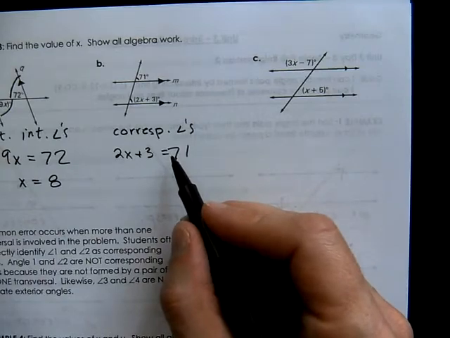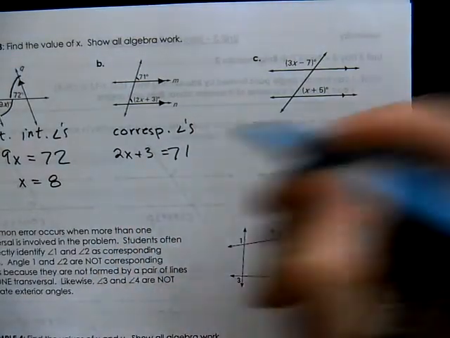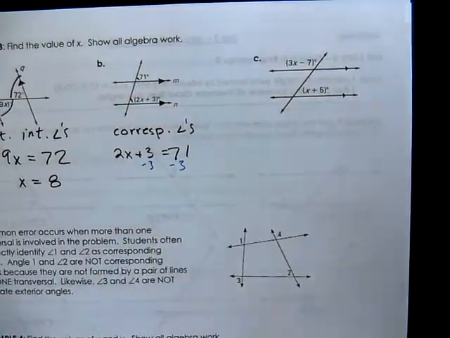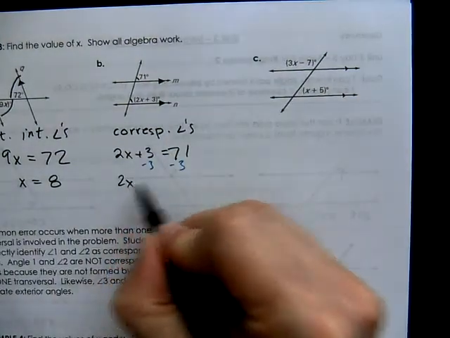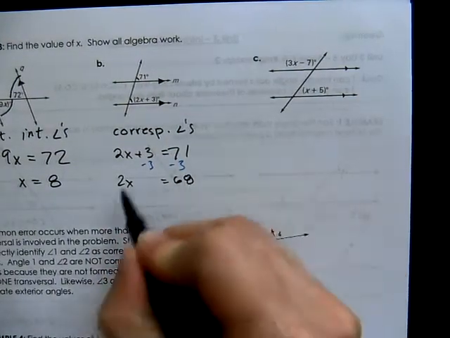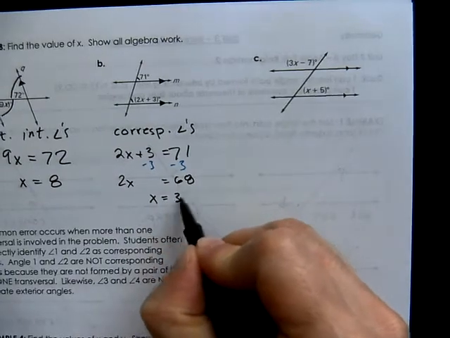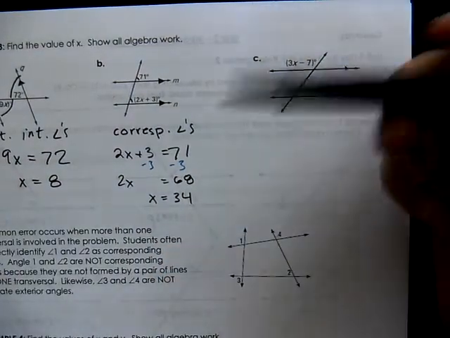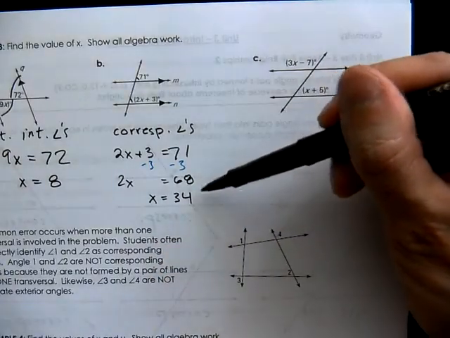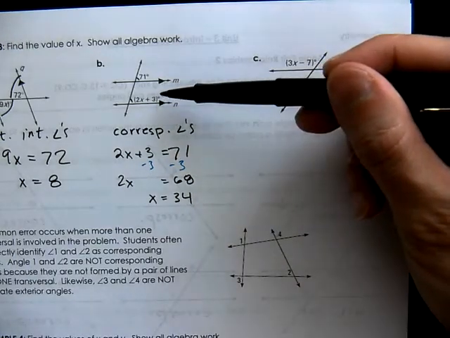Step 3, let's solve. So I'm going to subtract 3 from both sides so we can move the constant terms to the one side, and then divide away the 2. Notice the answer is not 34 degrees. We already have a degree symbol represented.